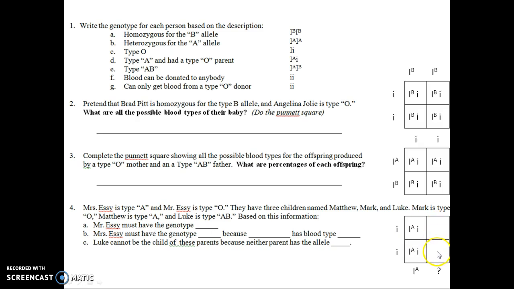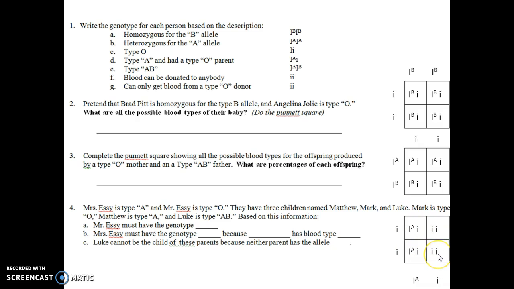This one over here, we have another son that could be type O and another son that could be type AB. Well, if Mrs. Essie has type A blood, the only other piece that can go over here is this type O, which means we now know what she is. She's got to have big I A, little i. So this would be Matthew's blood, and this would be Mark's blood.